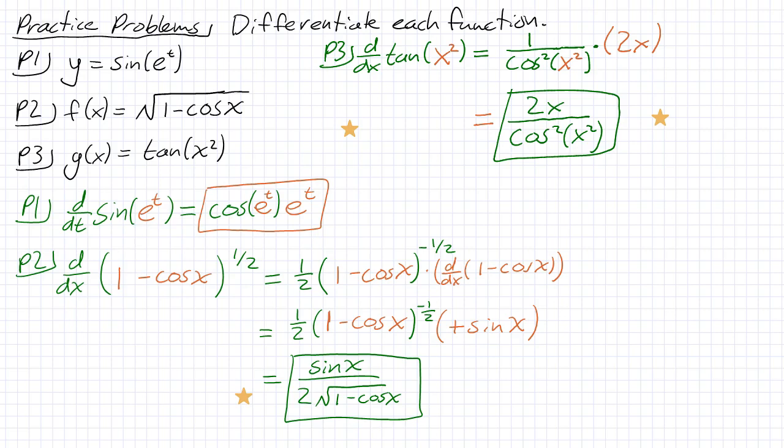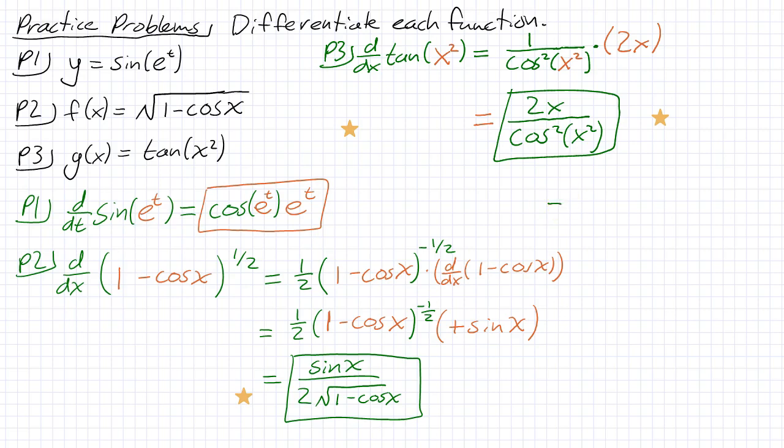With the second one, the inner function is 1 minus cosine of x. The outer function is the whole thing to the power 1/2, the same as that square root. So the derivative of something to the power 1/2 is 1/2 times that thing to the power 1/2 minus 1, which is negative 1/2. And then that gets multiplied by the derivative of the inner function, which becomes positive sine of x.